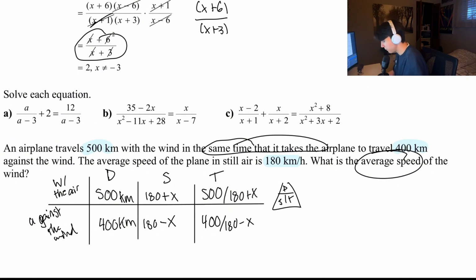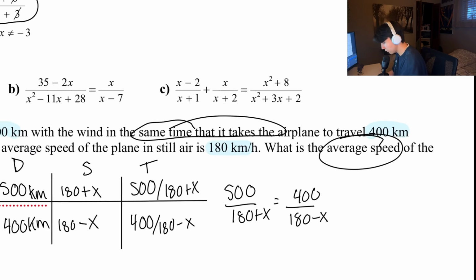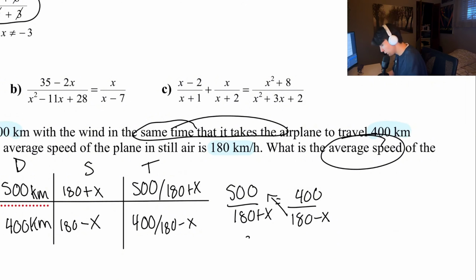So if they take the same time, we can set our times equal to each other: 500 over 180 plus x is equal to 400 over 180 minus x. In this case, I'm going to cross multiply. So we get 500 times 180 minus x is equal to 400 times 180 plus x.